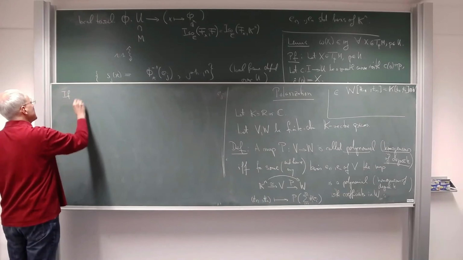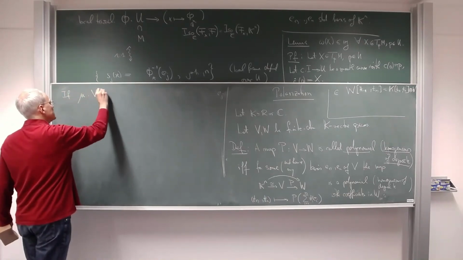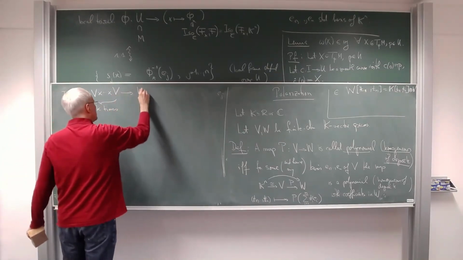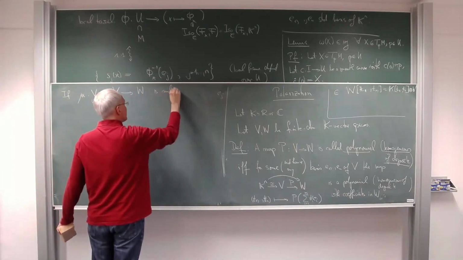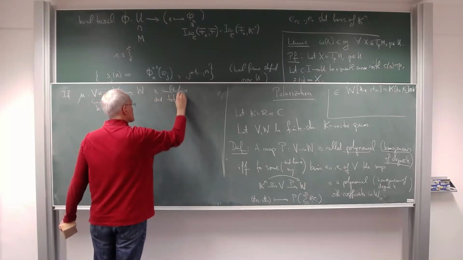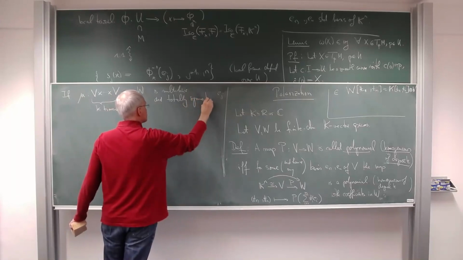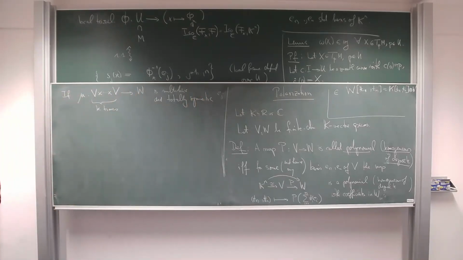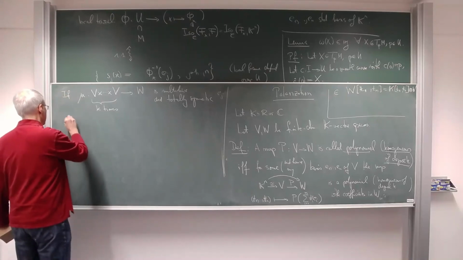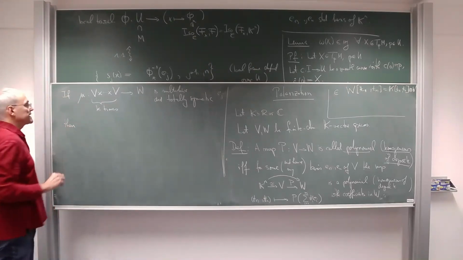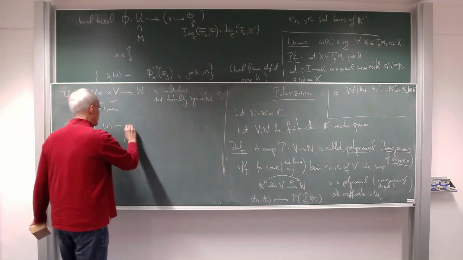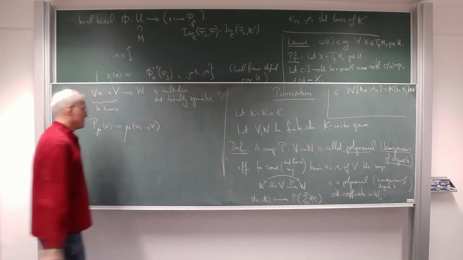So if mu from V, k times, to W is multilinear and totally symmetric, meaning the order of the arguments is irrelevant, so it doesn't matter in which order you insert the arguments, then I can get such a polynomial homogeneous of degree k by defining the corresponding polynomial P to be this multilinear form where I insert the same vector k times.